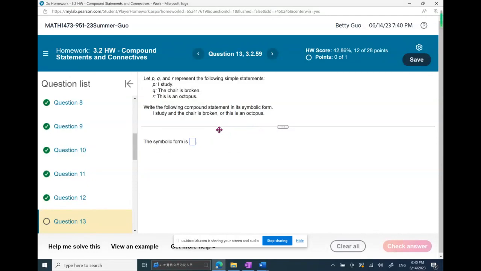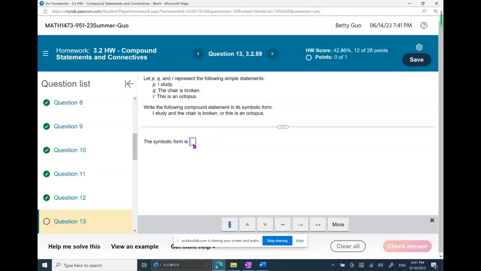Okay, so the comma here acts as a grouping symbol. Because of this comma, we know all the stuff to the left of the comma is one group. And following the comma, we have or this is an octopus. So the big structure of this sentence is a disjunction.